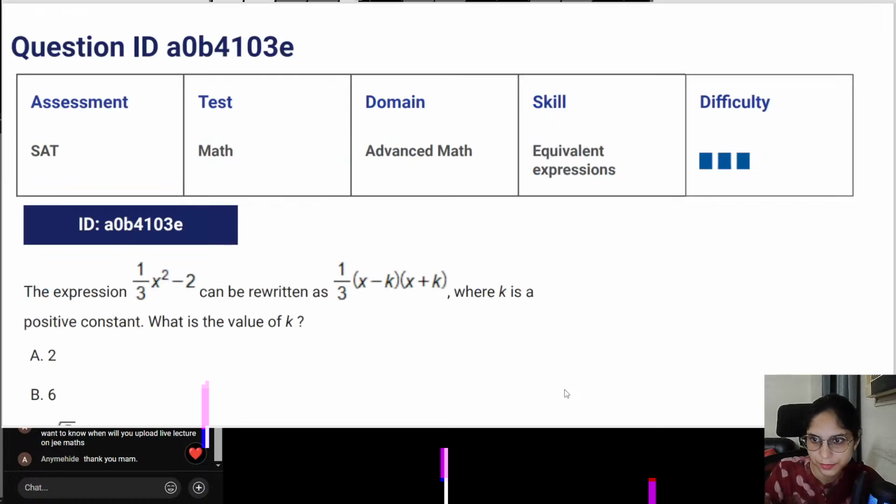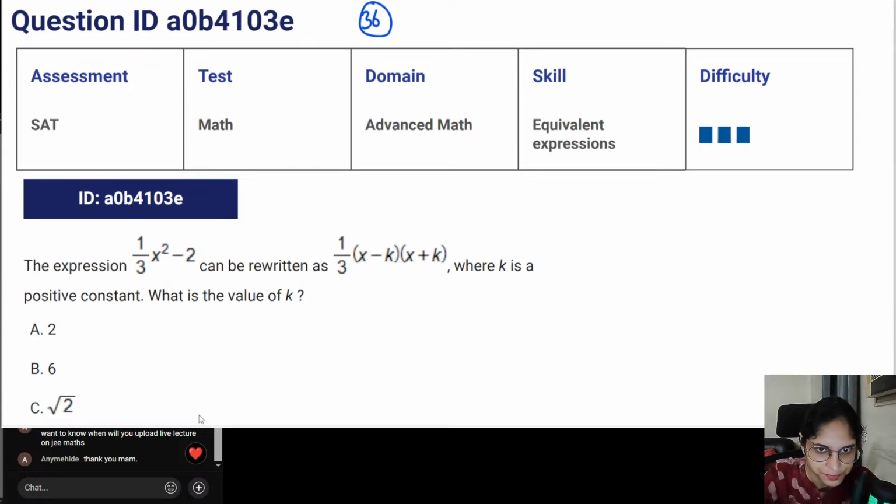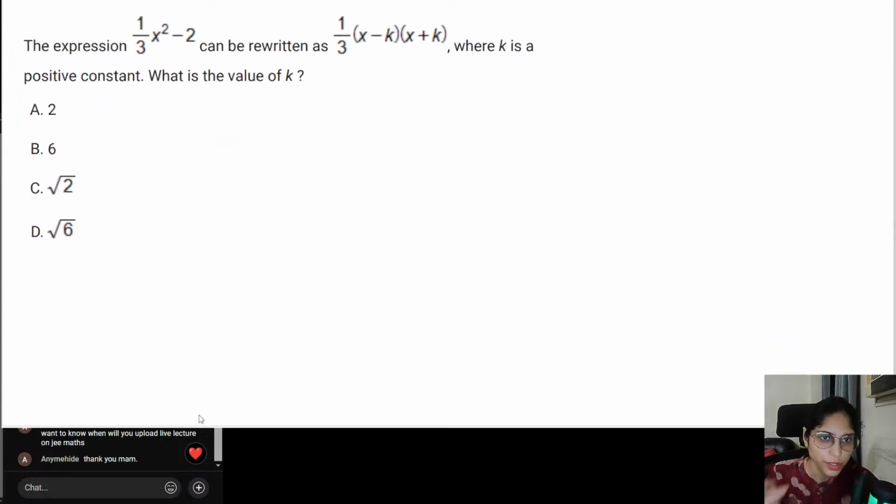36. You have to find the value of k. So here also you can try the options. Let's do that.